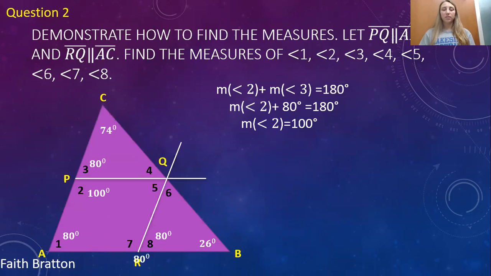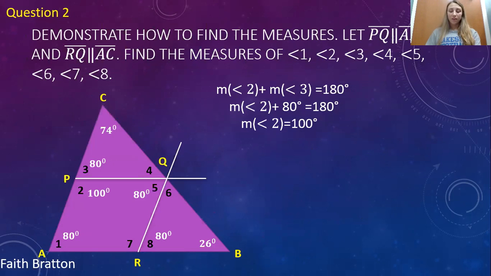We notice that angle 5 and angle 3 are alternate interior angles. Since angle 5 is congruent to angles 1, 3, and 8, the measure of angle 5 is also 80. Angle 7 and angle 5 are adjacent angles that form a straight angle, therefore they are supplementary.